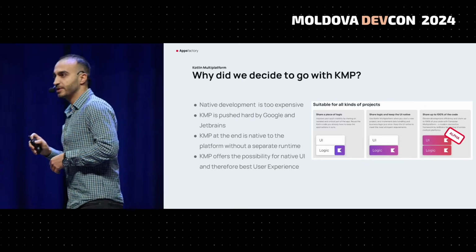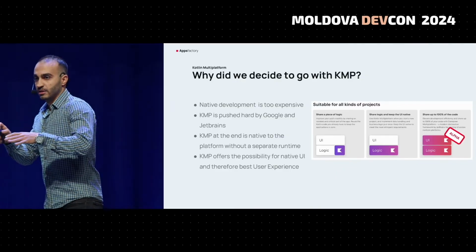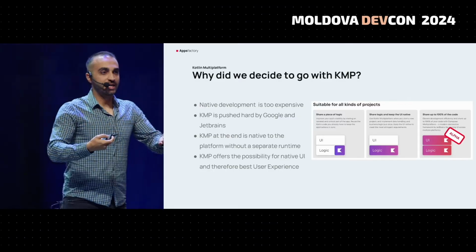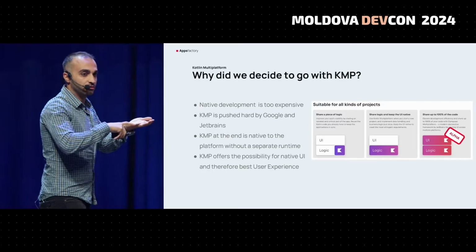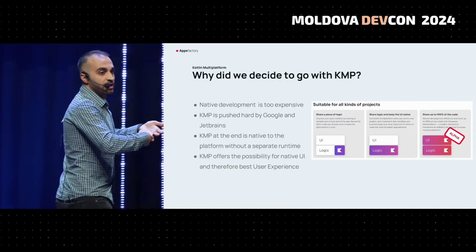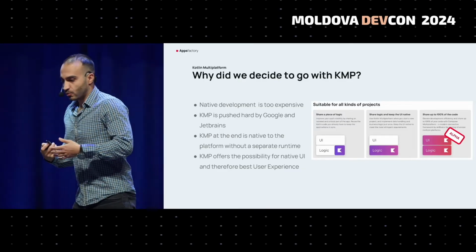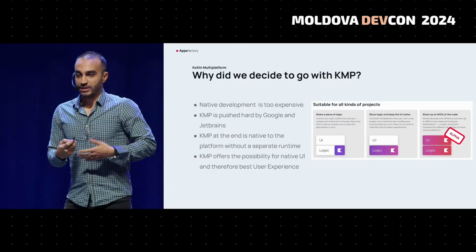But in KMP, you don't have to do this. Your UI layer is natively written with Android Jetpack Compose and iOS SwiftUI. You're developing your UI natively. That's why it's best for user experience.